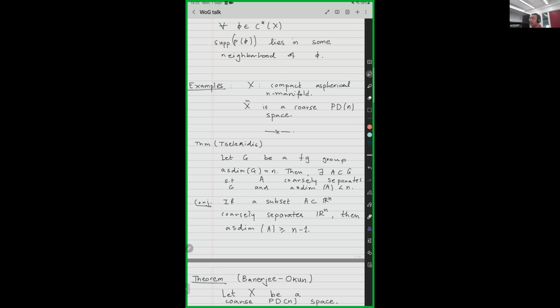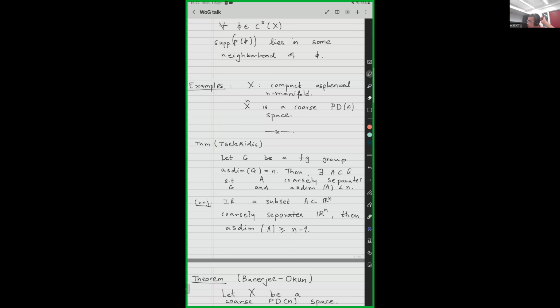So any hyperplane in R^n will coarsely separate it, and it'll have asymptotic dimension n minus 1. But the conjecture stated that anything that has dimension less than that cannot coarsely separate R^n, right?